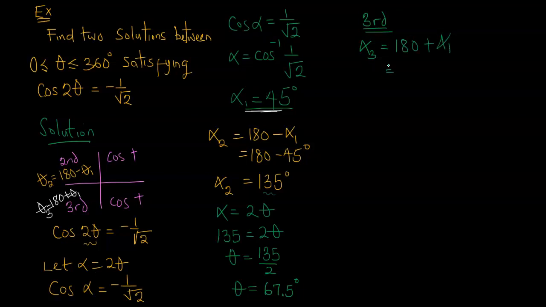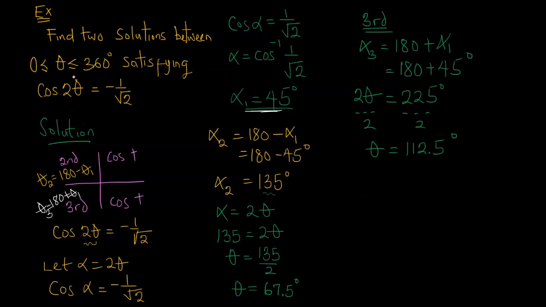Since alpha 1 is 45 degrees, this is 180 plus 45 degrees, and this is equal to 225 degrees. Of course, this is the value of 2 theta. But what we're asked to obtain is the value of theta. So if we divide both sides by 2, we would obtain theta as 225 over 2, and this is 112.5 degrees.